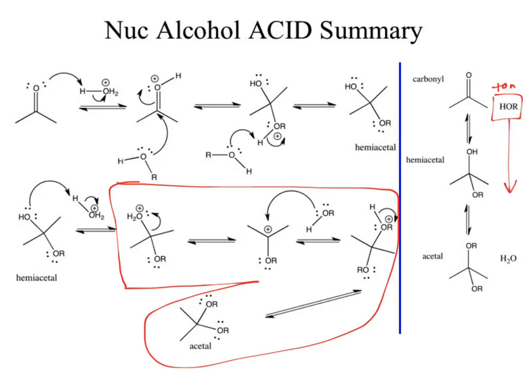That's going to force me this direction. But if I'm starting with the acetal and I'm trying to get the carbonyl, what can I do? I don't do the opposite. Add to the opposite side of the equilibrium. Add what to the opposite side? Water, I'd assume. Now I'll add a ton of water to force the reaction the other direction. Okay. What else could I do to form the acetal starting from the carbonyl?